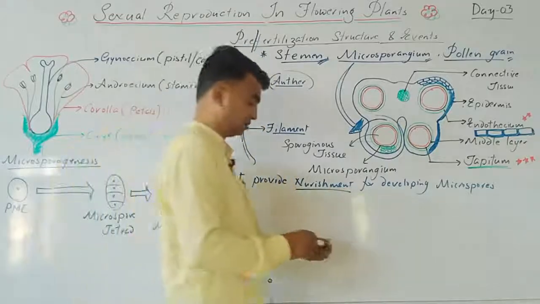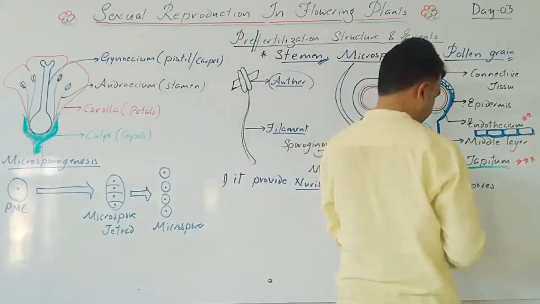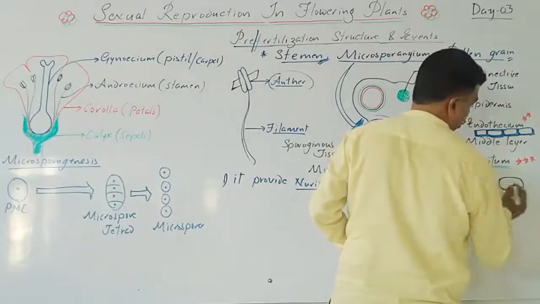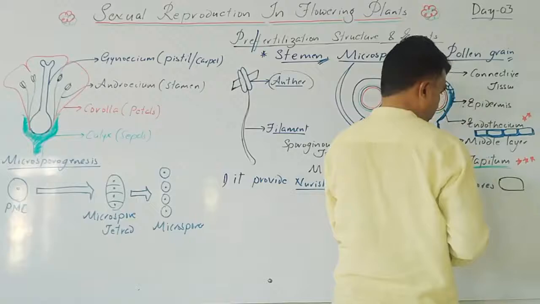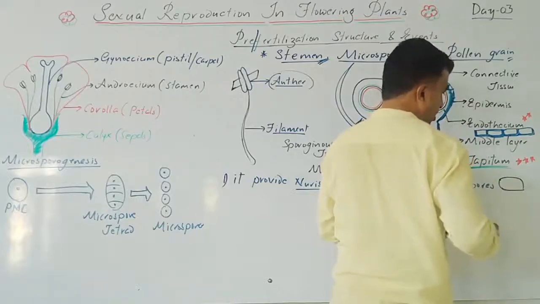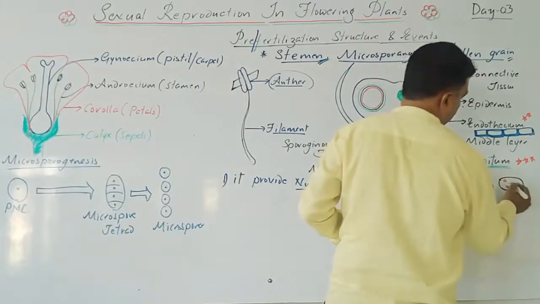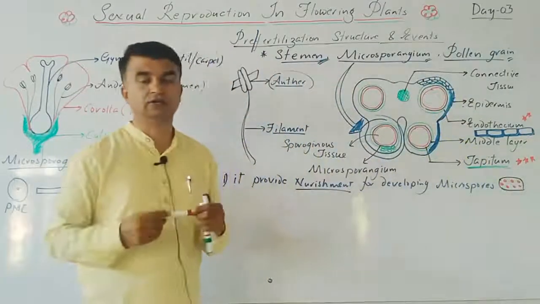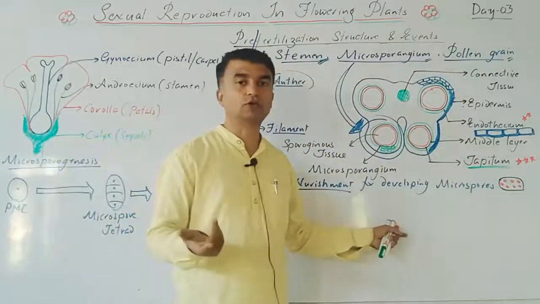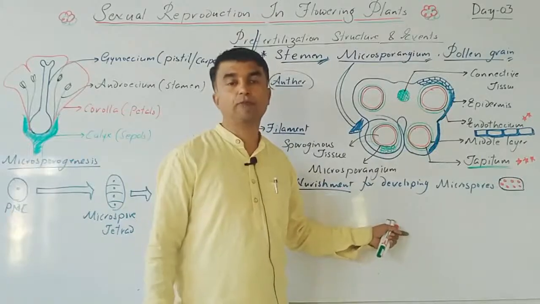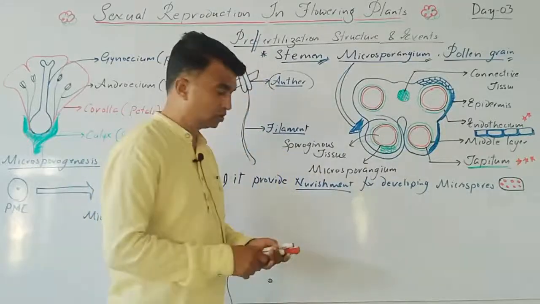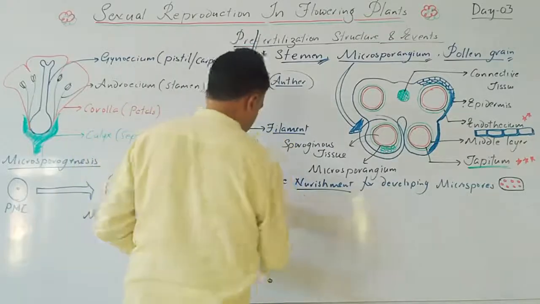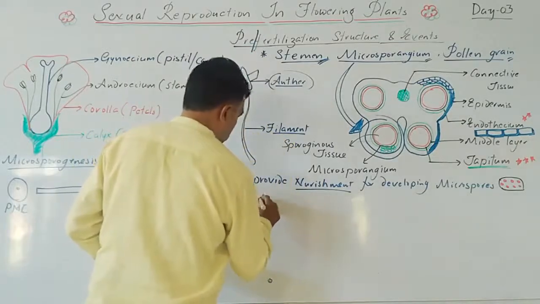When you take the cells of the tapetum, they are elongated a little bit, but they contain dense cytoplasm and more than one nucleus. That condition is called the polynucleate condition.